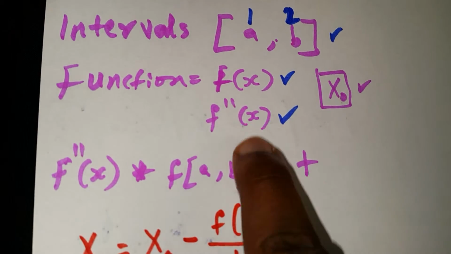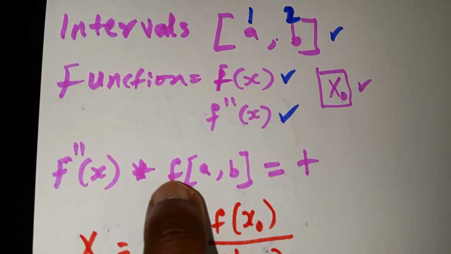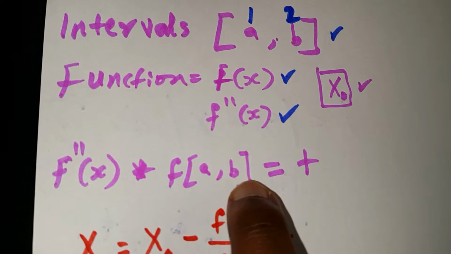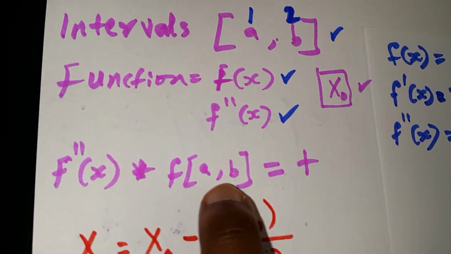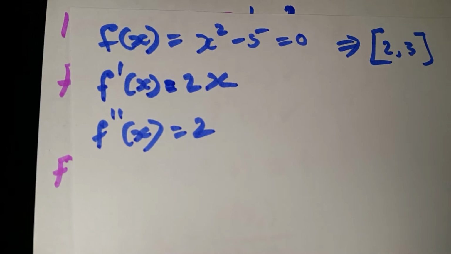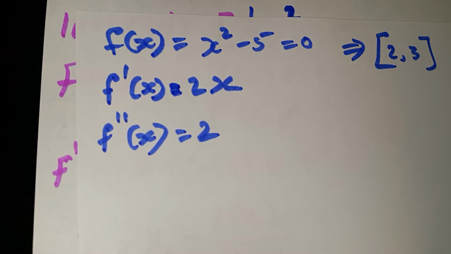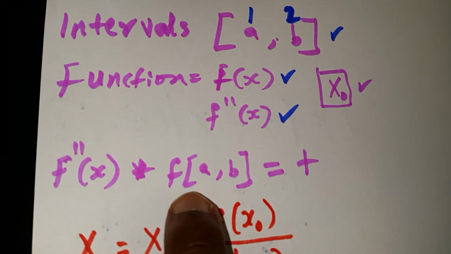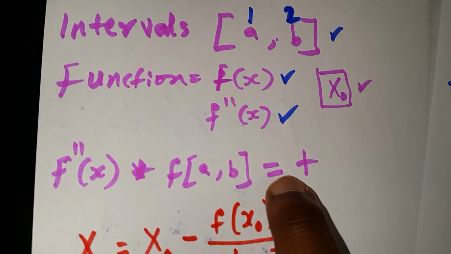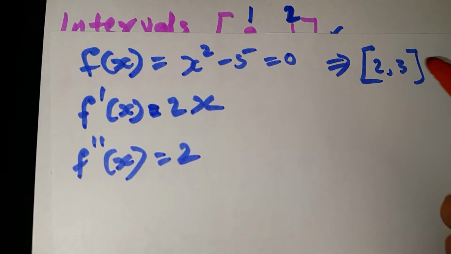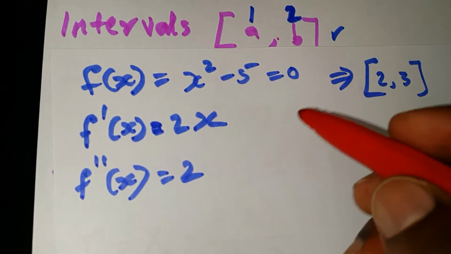Now we already found the second derivative. Our second derivative multiplied by f of a and f of b must give us positive, so let's look for the one that will give us positive. The next thing for us to do is put a and b into the function, know their signs, and multiply.